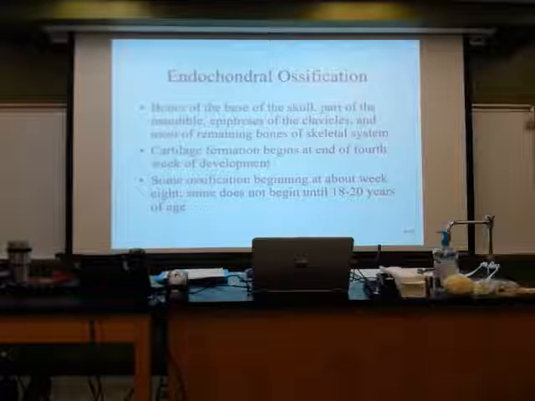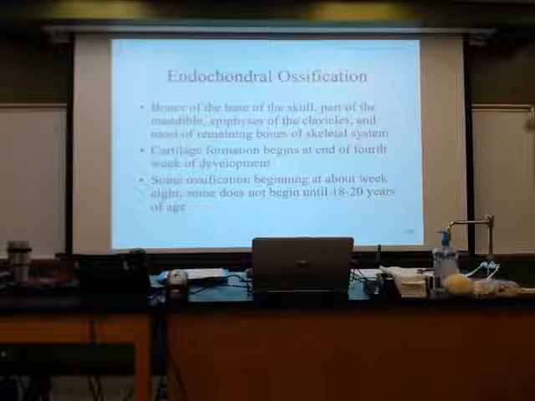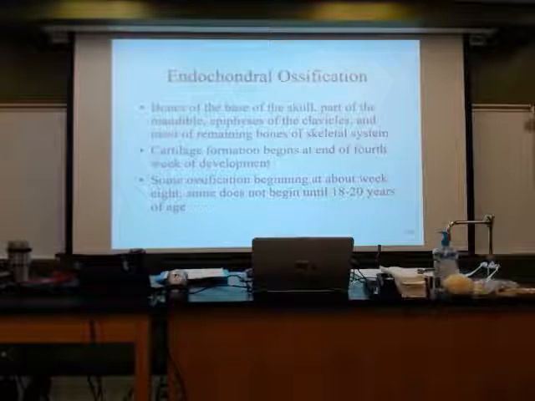About the end of the 4th week, remember I said it was really early in development, we've already got cartilage that is formed. And we begin to see that in some of that cartilage at roughly 4 to 5 weeks of development, it will start showing ossification. And it doesn't stop until fully grown.